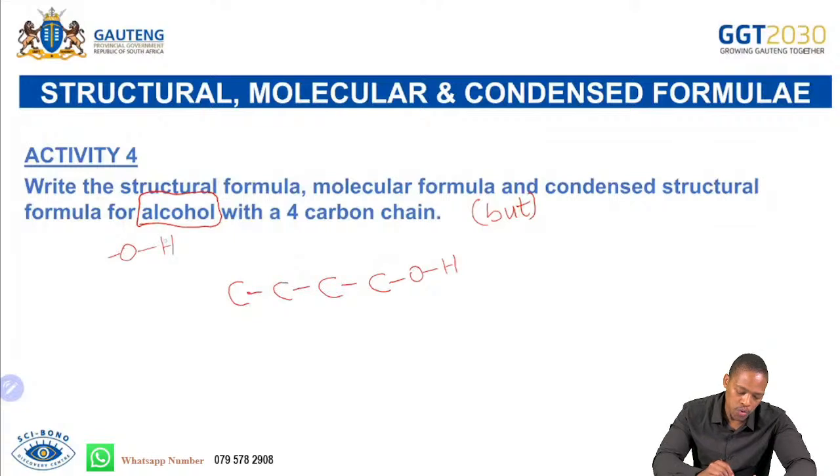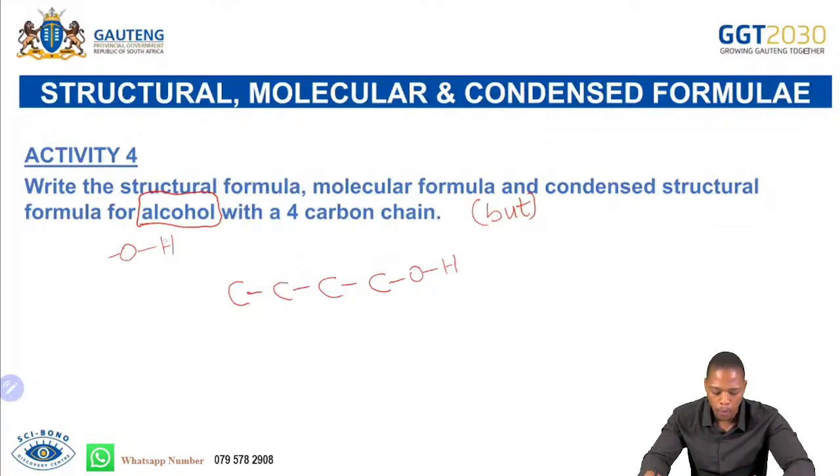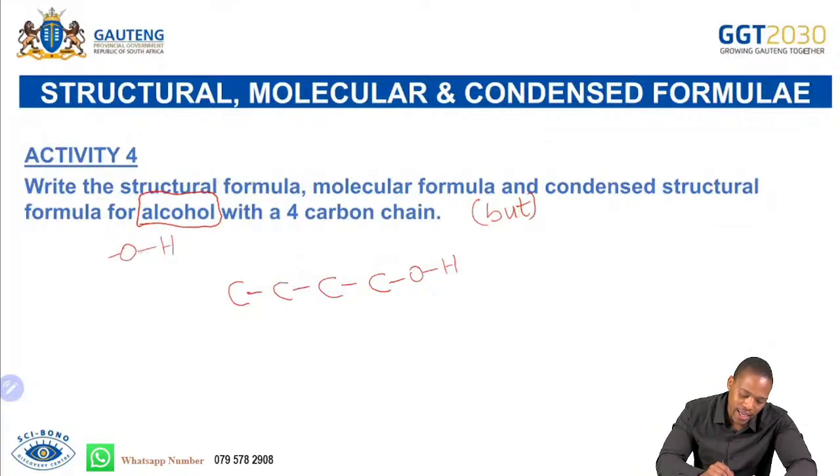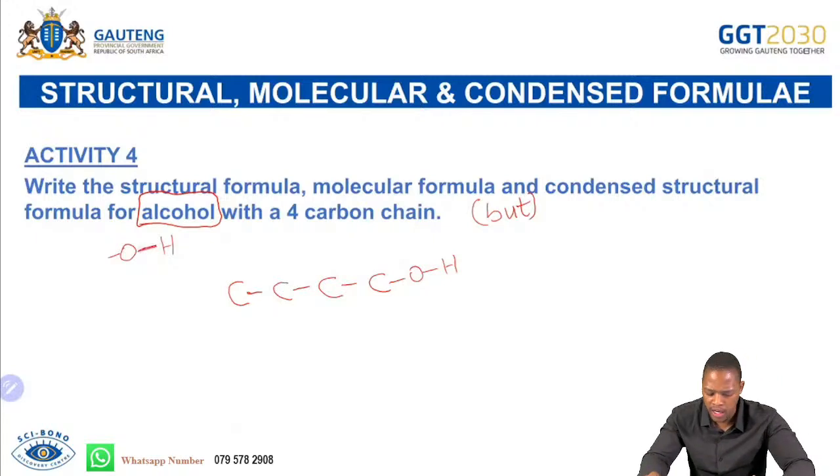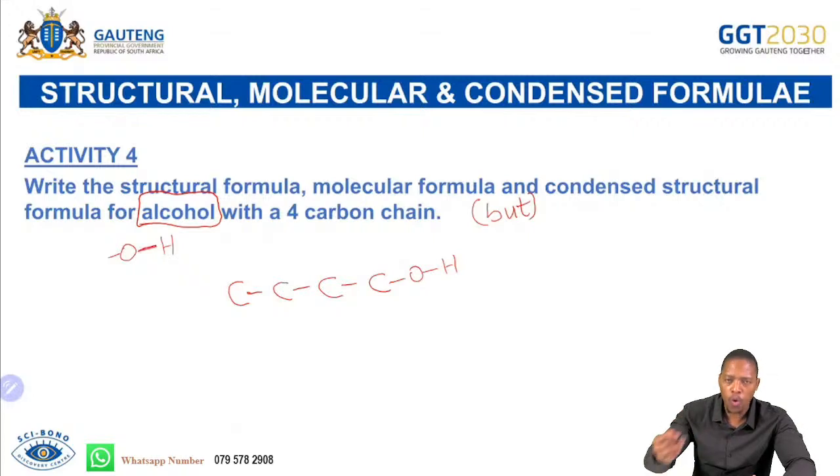When you draw or write a structural formula, you must always indicate the bond between the O and the H. Let's not make the mistake of leaving it out and only speaking about the O and the H without the bond between them. Let's indicate the bond between the O and the H.